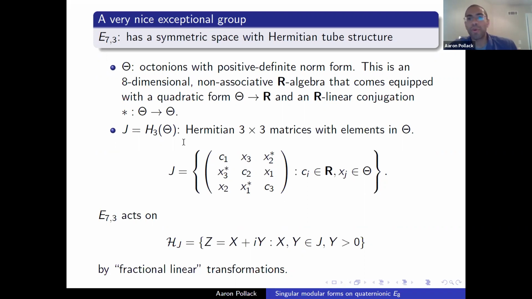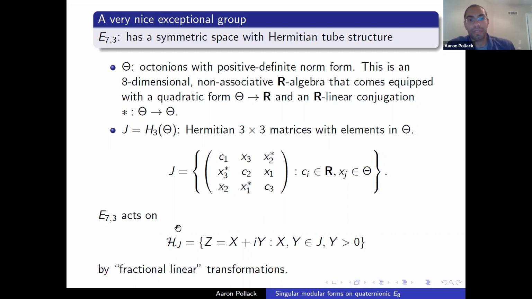It's a 27-dimensional real vector space whose elements look like 3x3 matrices with real numbers along the diagonal, the c_i's, and on the off-diagonal, elements of the octonion algebra theta. It's self-conjugate: you have an x1 on one off-diagonal position and an x1 star in the opposite place.